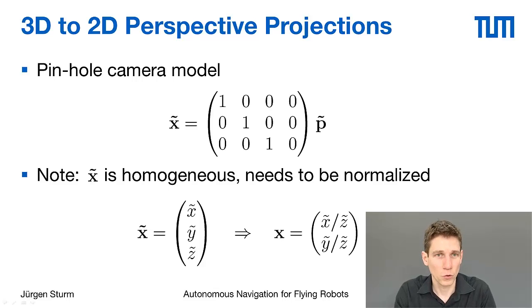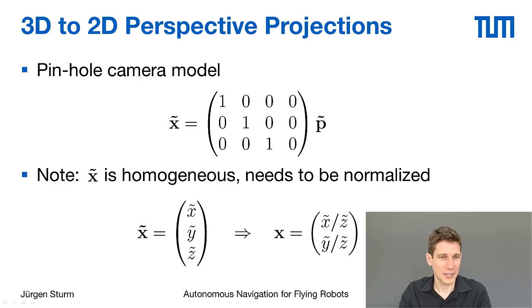And the most used model for cameras, that holds for most cameras that have normal lenses, is the so-called pinhole camera model, where you essentially just remove the last component of your homogeneous vector to obtain a two-dimensional homogeneous vector of your point.